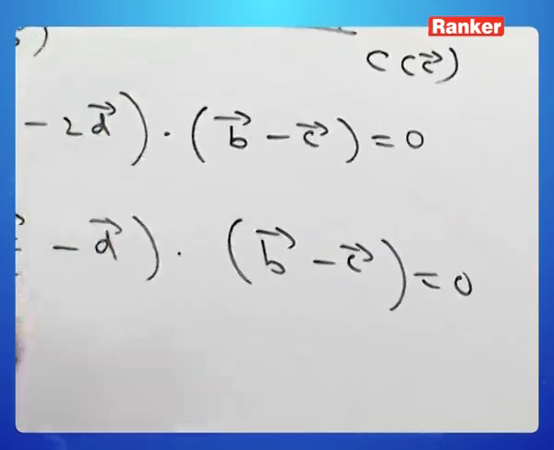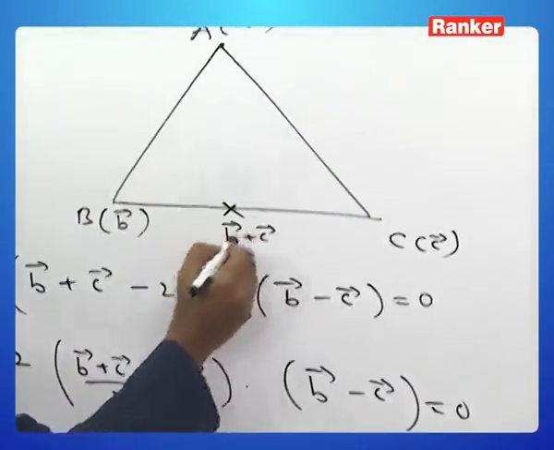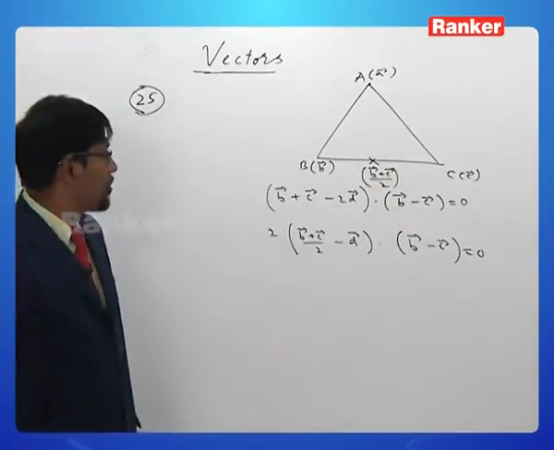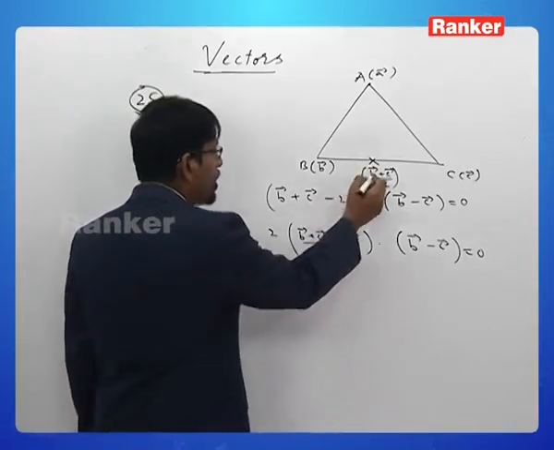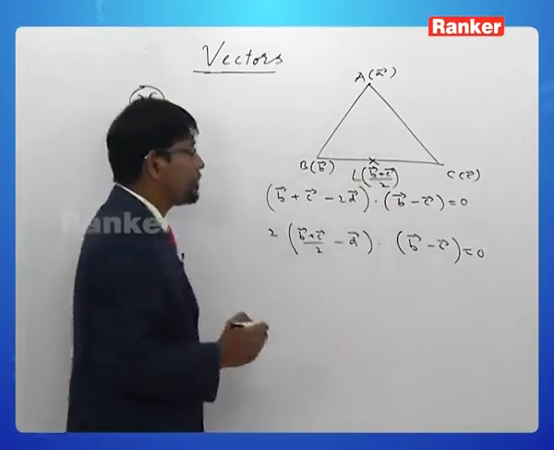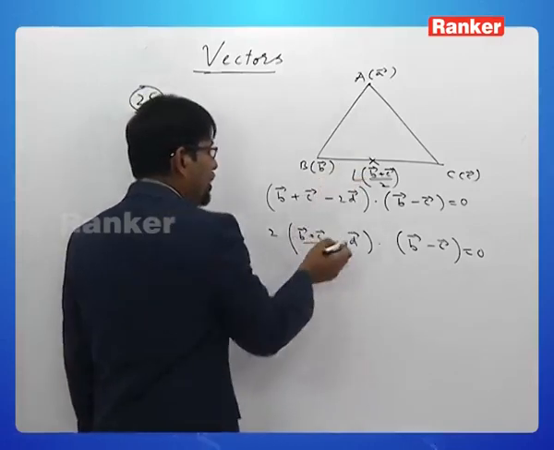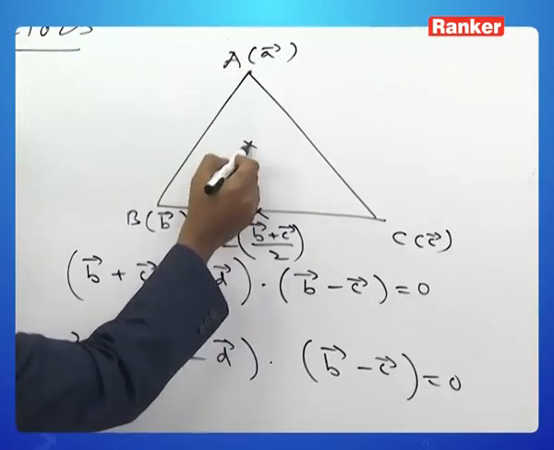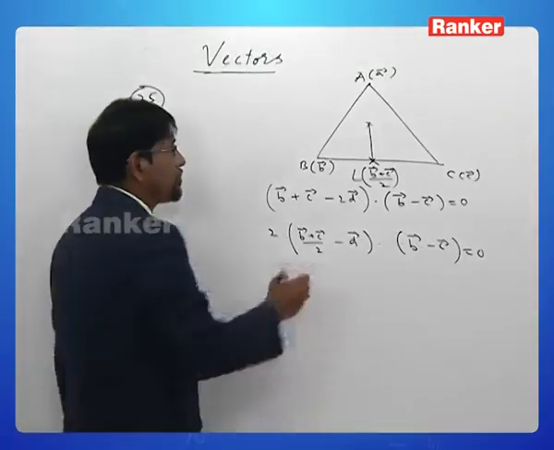Now what is (B bar plus C bar) by 2? It is the position vector of the midpoint of BC. Now what is this vector? If I call this point L, and D is some point, this is the vector DL or LD.